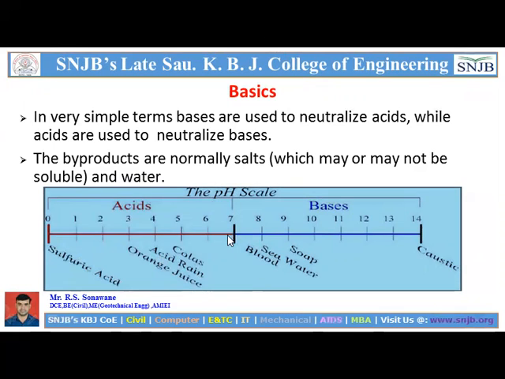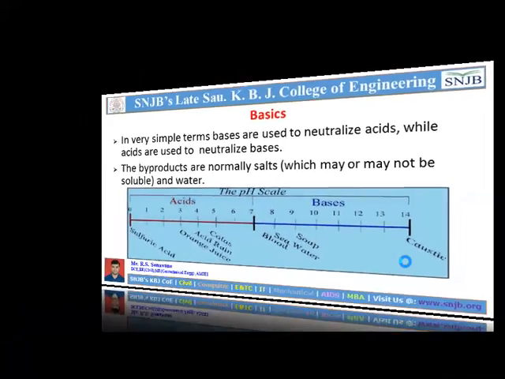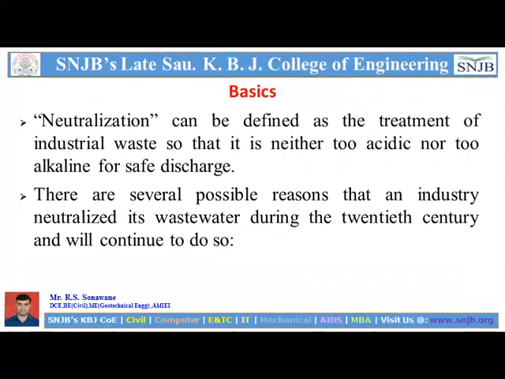If the pH is exactly 7, you can say it is neutral water, and between 7 and 14 are soap, seawater, blood or caustic, which are bases. So neutralization can be defined as the treatment of industrial waste so that it is neither too acidic nor too alkaline for safe discharge.